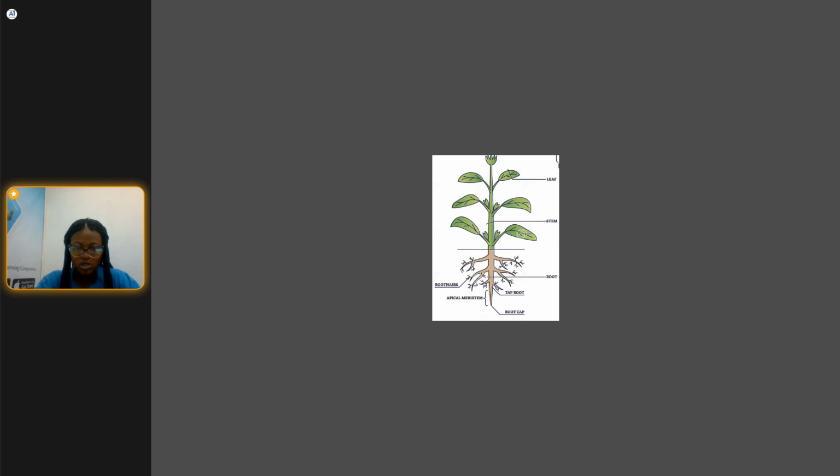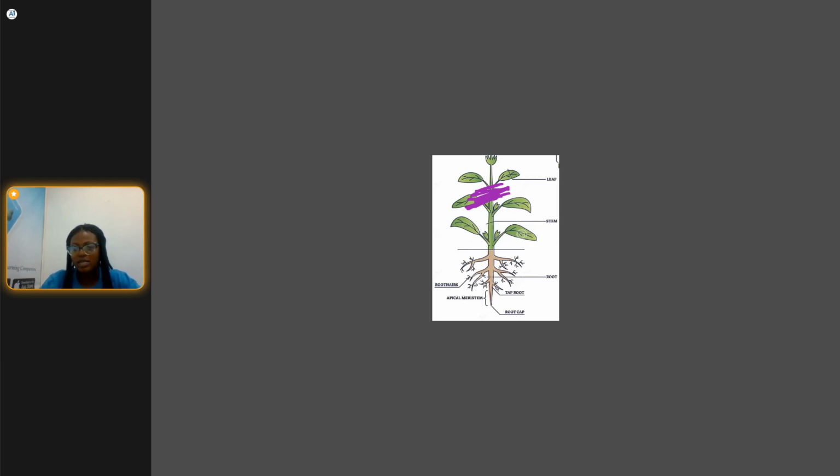Can we all see the stem? You can see that it gives support and helps to hold the whole plant. So that is the function of the stem: it gives support and transports substances into the whole plant.